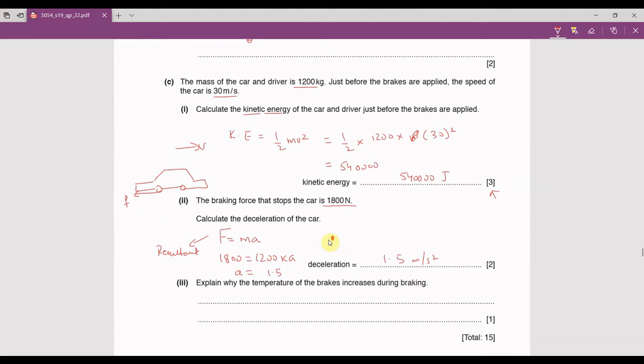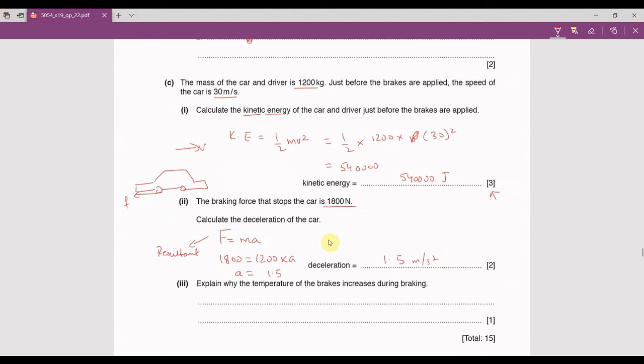Explain why the temperature of the brakes increase during braking. So friction causes the brakes to heat up as they gain thermal energy.